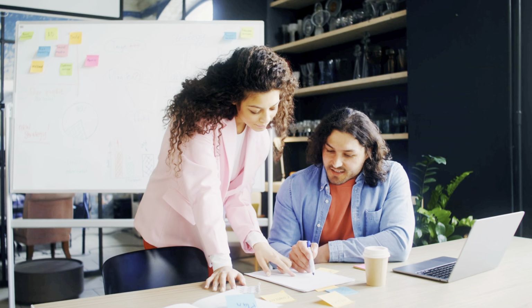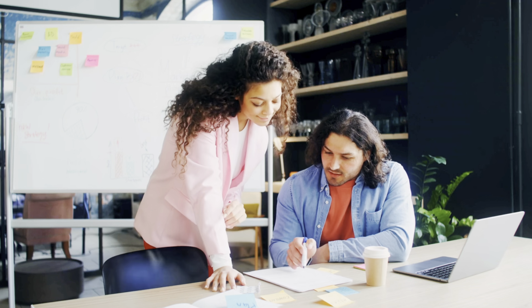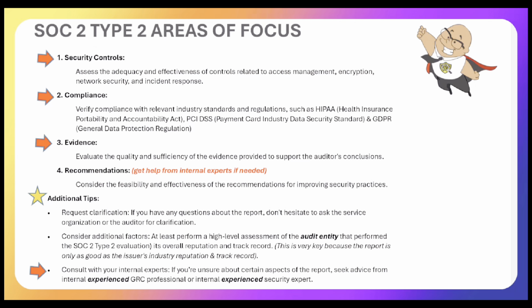One of the other things is the areas of focus. Let's look at that for this SOC 2 Type 2 report. You want to make sure that the security controls are adequate in that report, because that's very important.